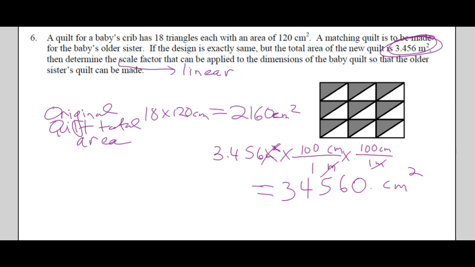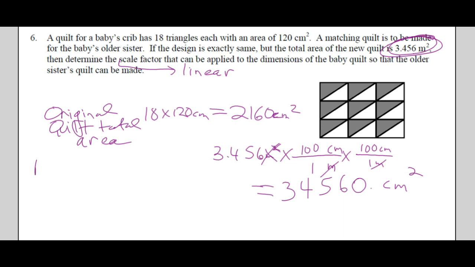So it's 34,560 square centimeters. You're not just multiplying by 100 to turn it into square centimeters. That would only turn one of the dimensions into centimeters. We've got so many meters by so many meters, so we multiply by 100, and then another 100. So you have to watch for that when you're changing areas around.